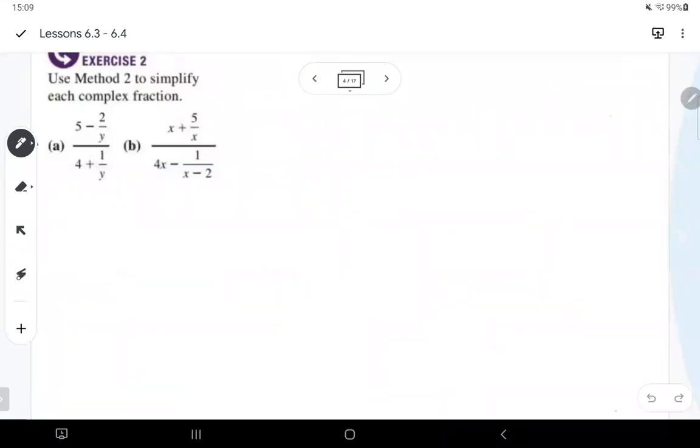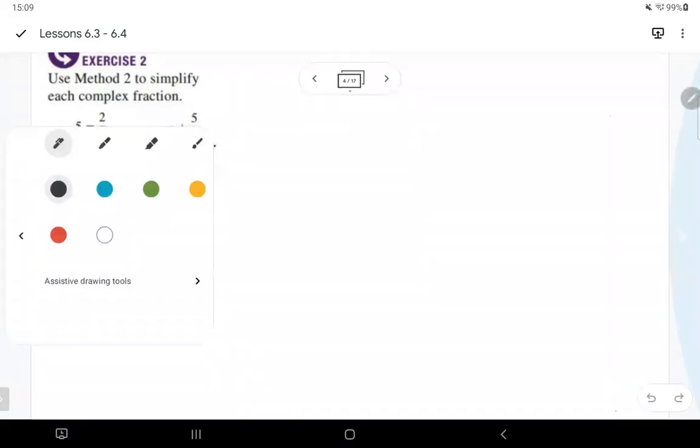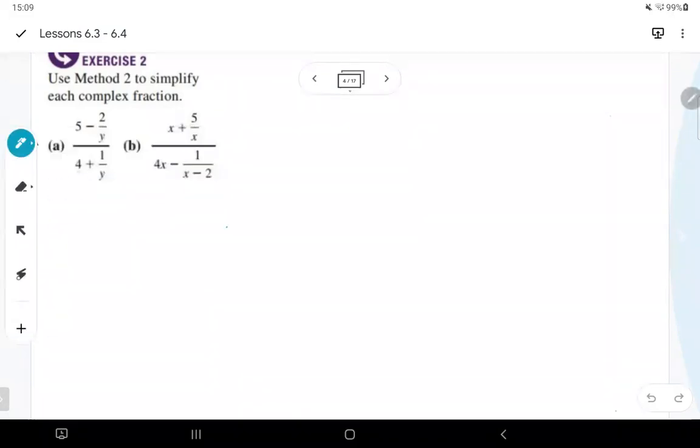What you should notice is that the first question is a repeat. So you should already know the LCD for this one because it's the only option you have available other than 1. So the LCD for A is going to be y.